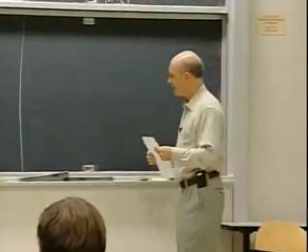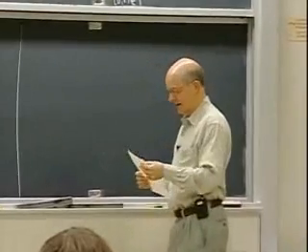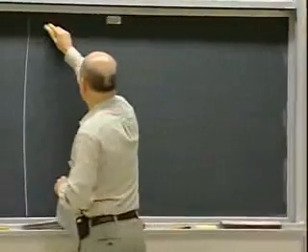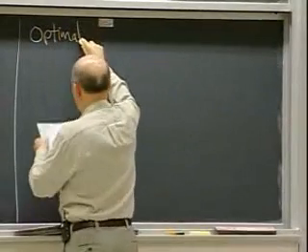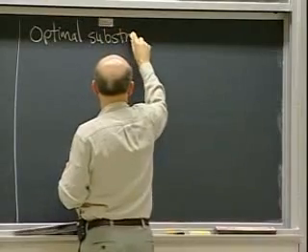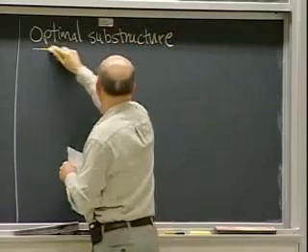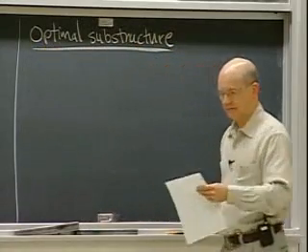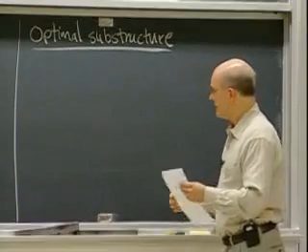Okay, what's going on there? So let's first of all make some observations about this puzzle, and what I want to do is remind you about the optimal substructure property, because it turns out minimum spanning tree has a great optimal substructure property. Okay.